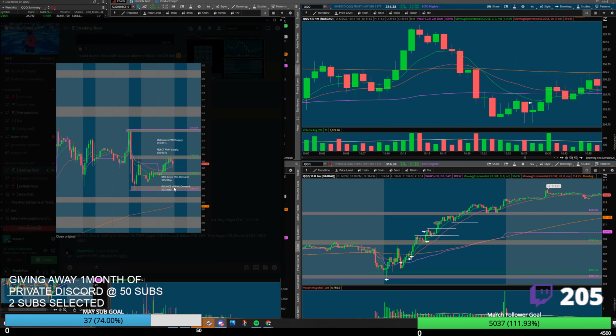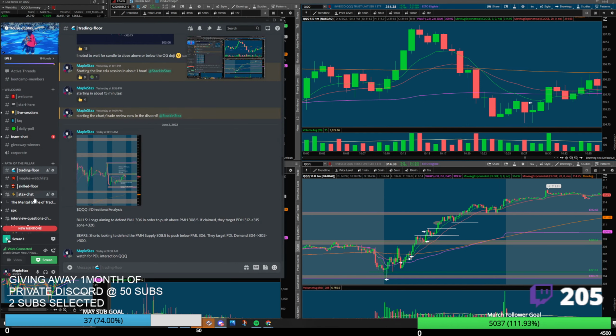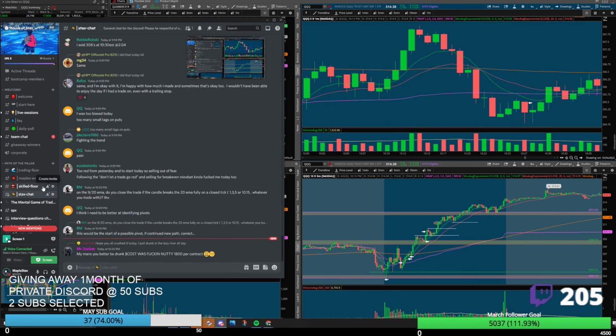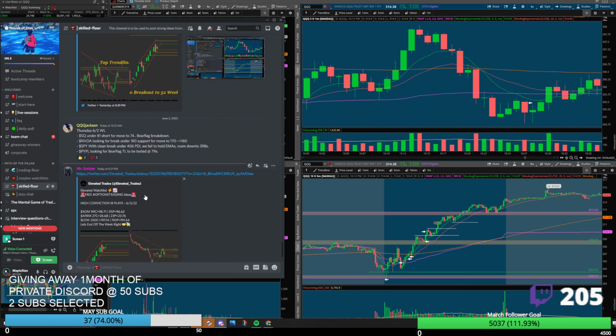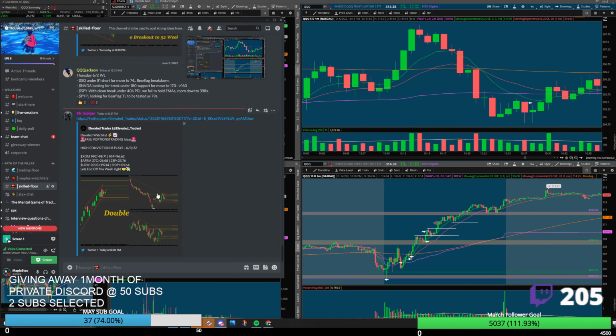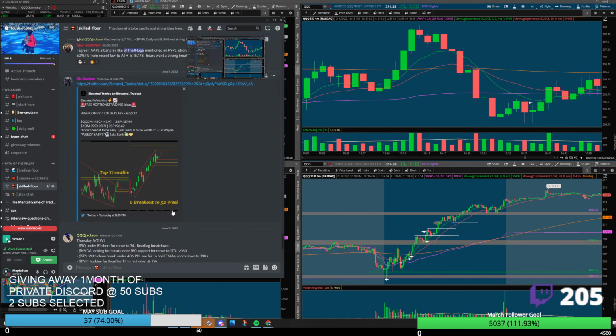And if you can see here, previous day low held, they take 306, 309, 312, and actually all the way up to 315. Every single zone was hit. Okay. Stack chat, this is where traders hang out. Skilled floor, this is where traders who have stuck alongside the process of being in the house of stacks have posted and have showcased their skills.